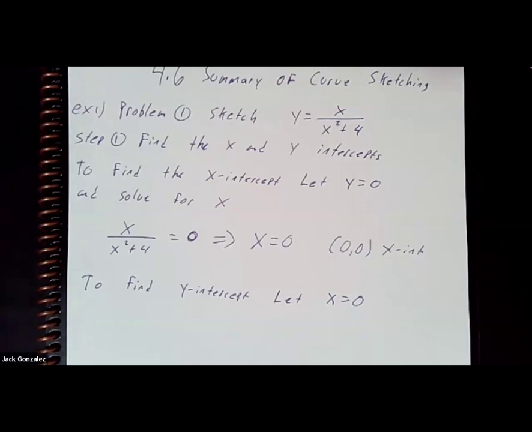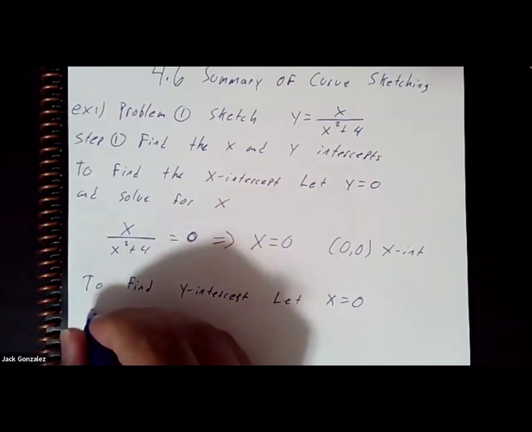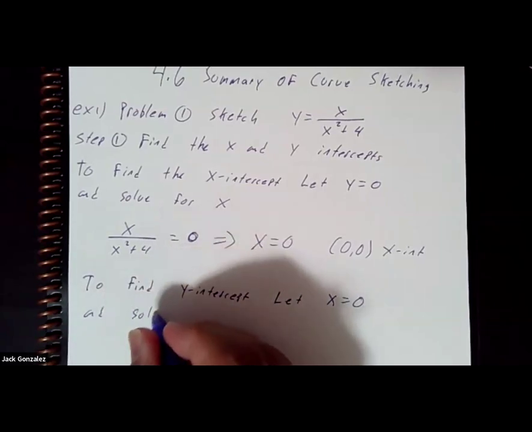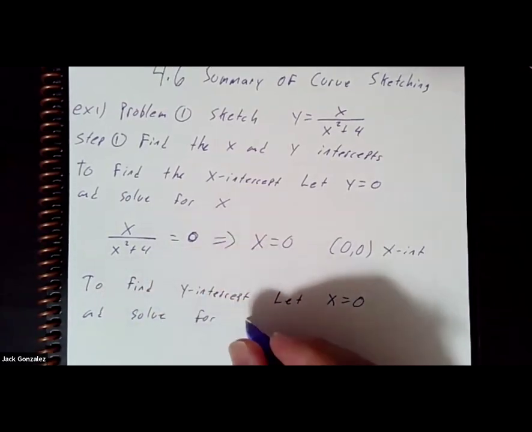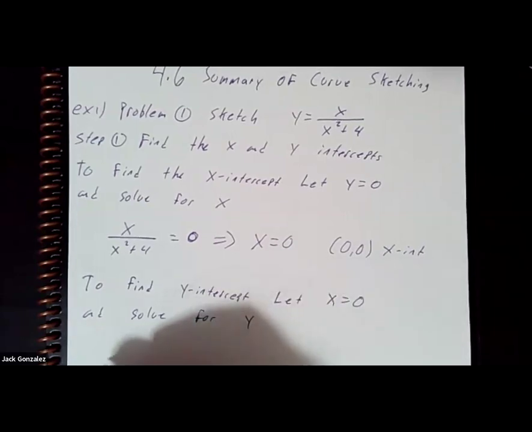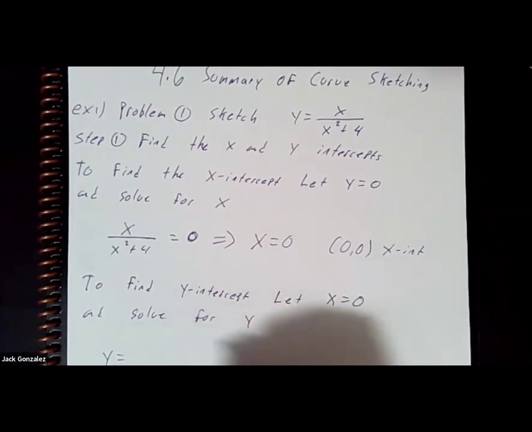This one's easier to find. You just plug in 0 for x and see what you get. So nothing crazy. Then solve for y or f of x. So y would be equal to 0 over 0 squared plus 4, which is 0.